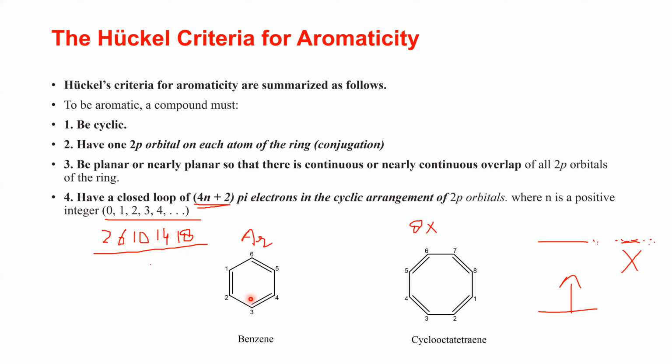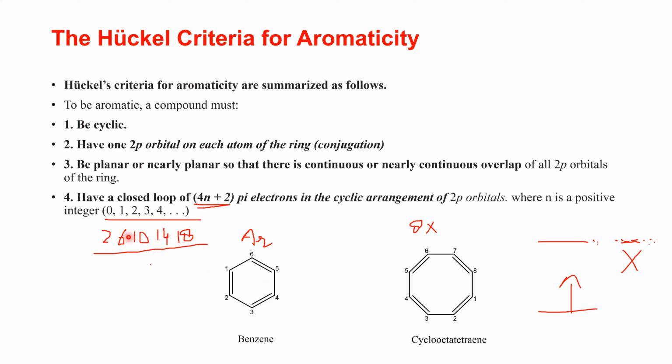So now if we just check benzene, this is fulfilling all three conditions. And now we have to see whether it is fulfilling the fourth condition or not. Now you just count these pi electrons. So these are 2, 4, and 6. You know one bond means there are 2 pi electrons.